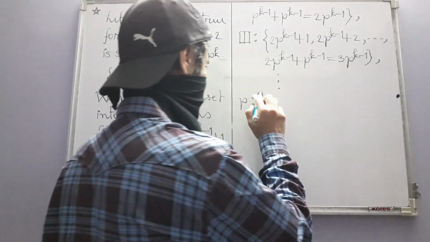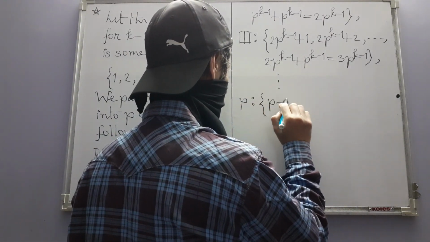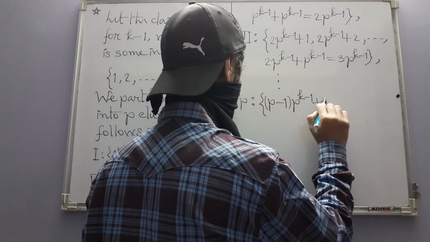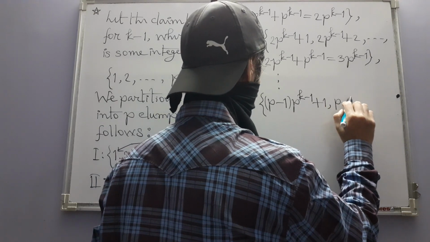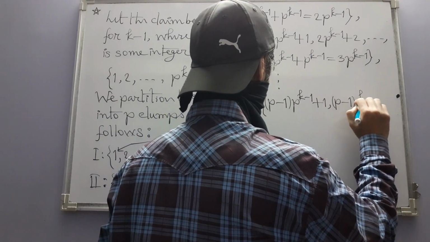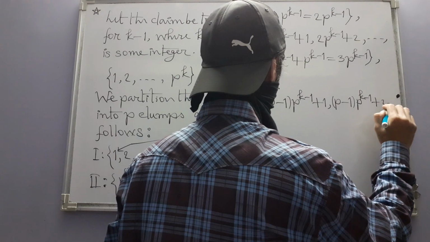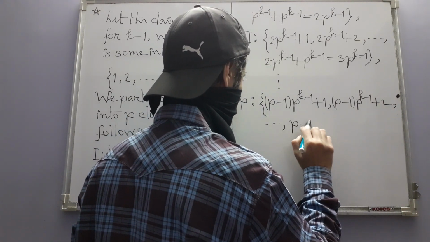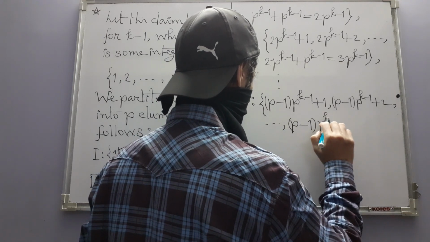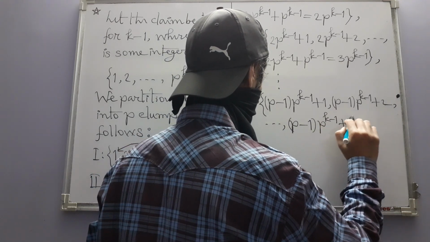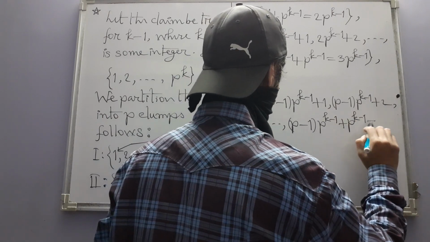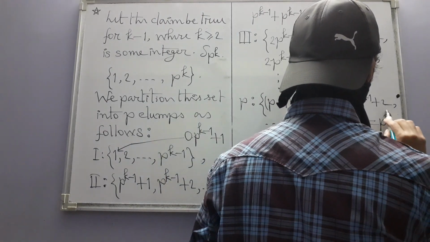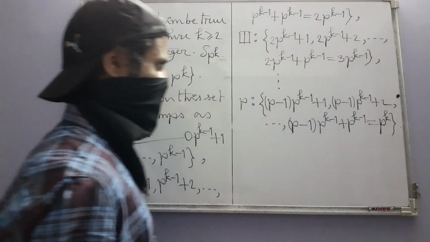So, here it should be p minus 1 times this plus 1, p minus 1 times this plus 2, and finally this, which if you see, actually it ultimately becomes p to the power k.